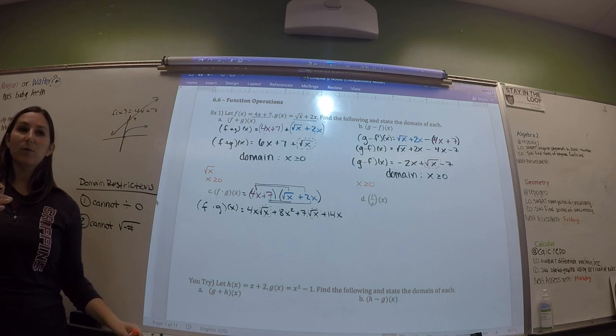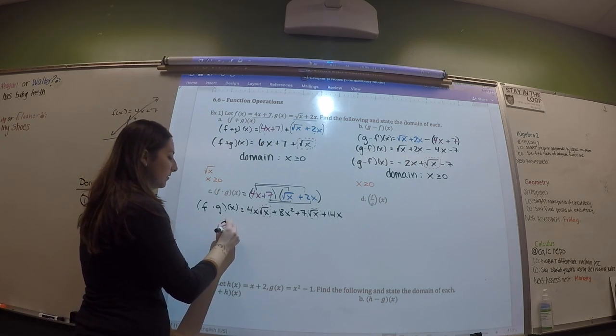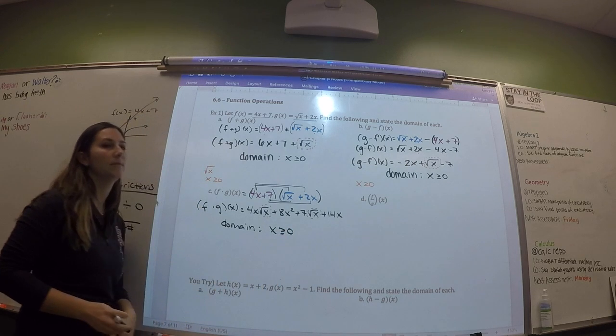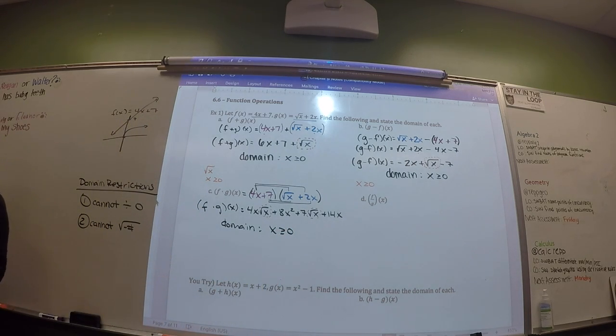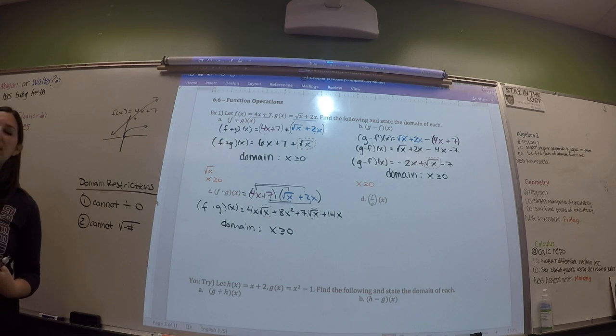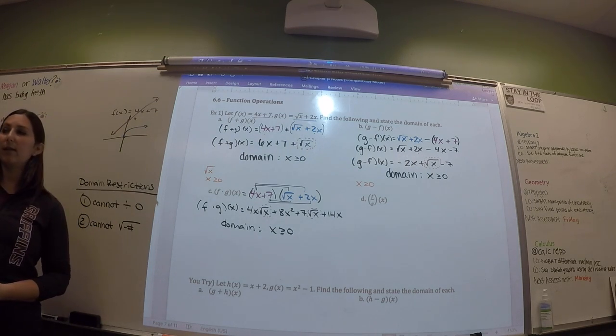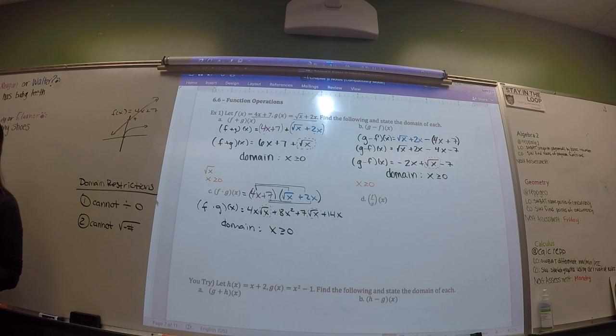You take what's under the square root and you set it equal to 0, and we get that x is greater than or equal to 0. So it's the same domain as the other ones because it was the same type of radical. Now keep in mind, if it's a cube root of x, that doesn't matter. Cube roots don't have restrictions. You can cube root negative numbers. We just can't square root negative numbers.